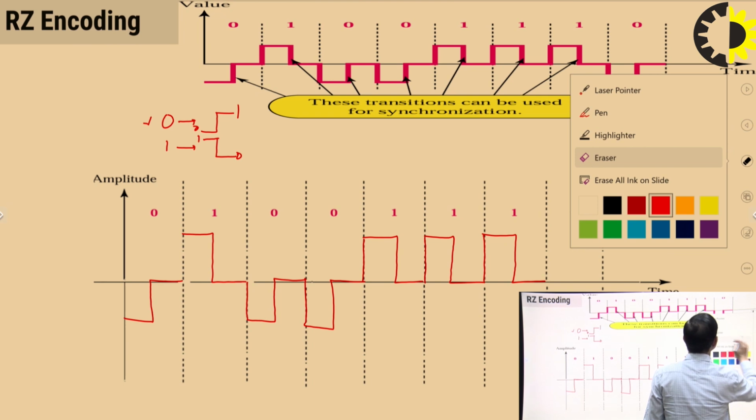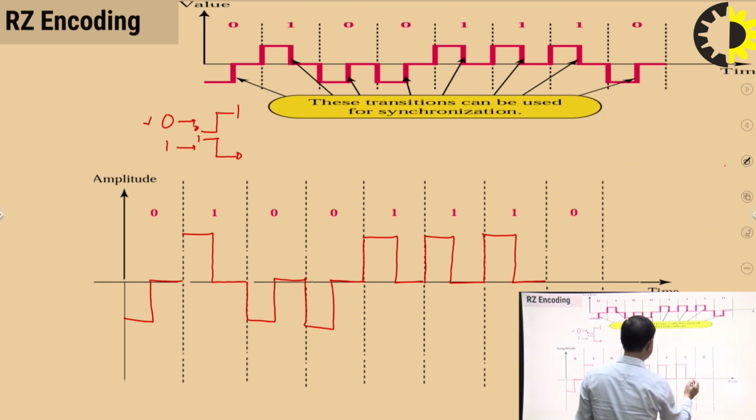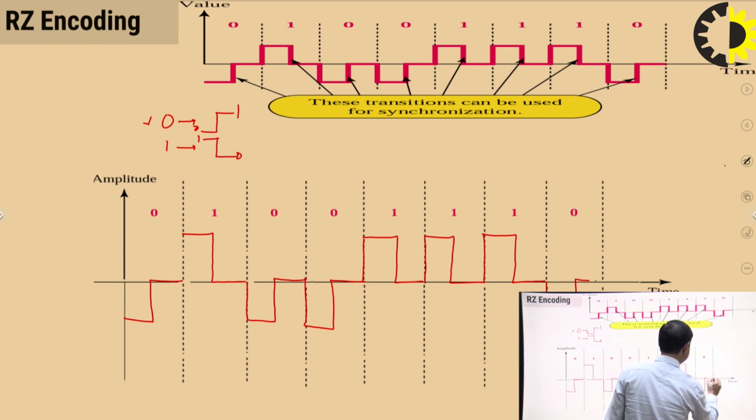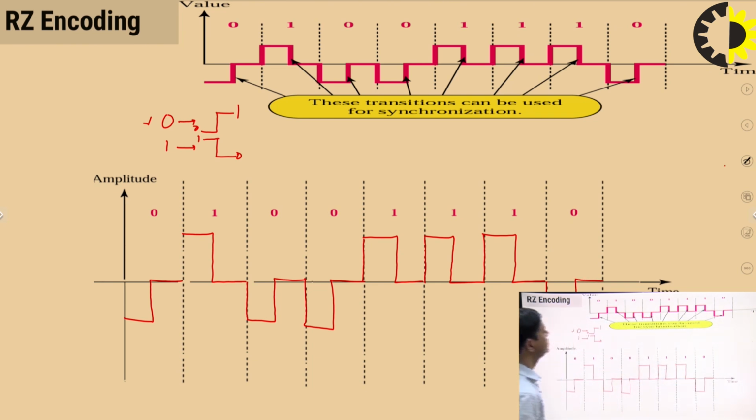I'm changing it like this. So this is the way to convert digital data into a digital signal by using RZ encoding.